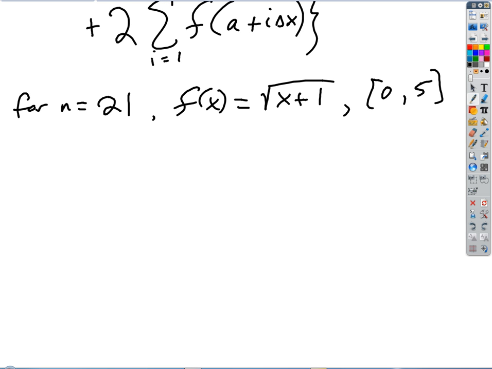Okay, so what are we going to get here? Okay, so over 42. There's our multiplier.